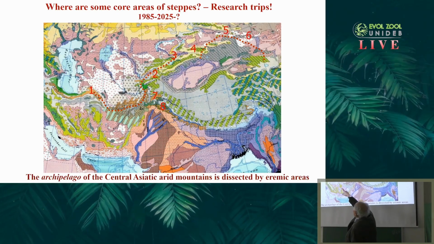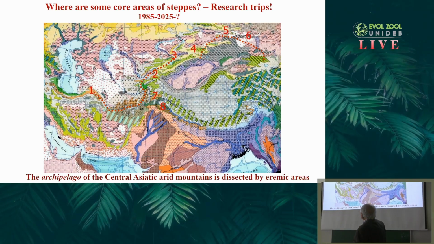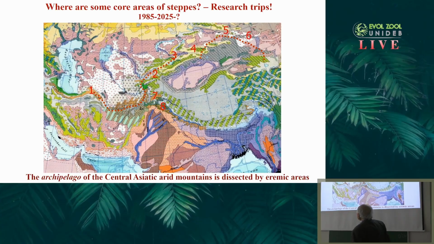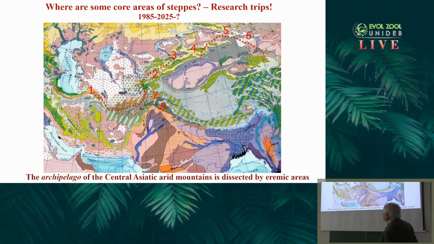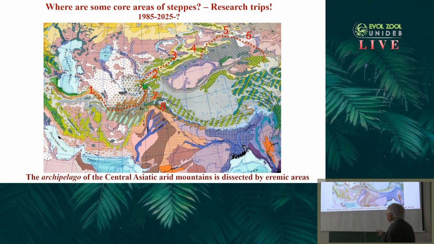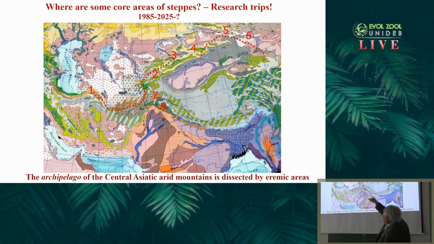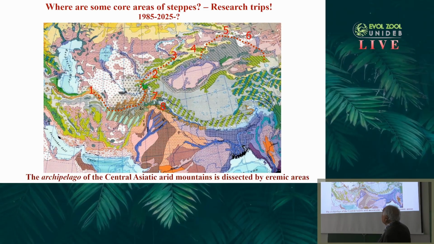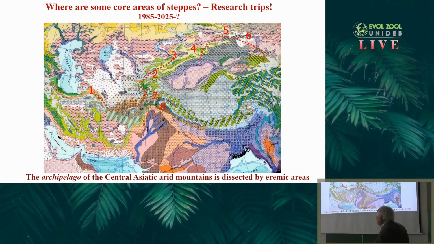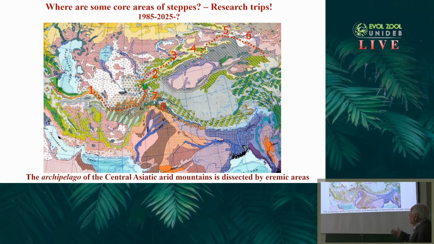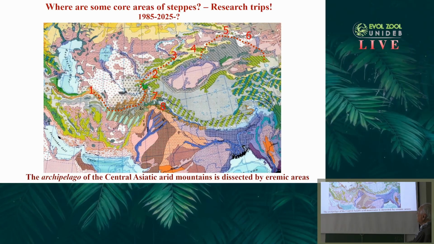Here, east of the Caspian Sea, you can see this huge and extremely dry desert area, which surrounds, for example, the Aral Sea, which is in heavy decline. It is mostly dried out.